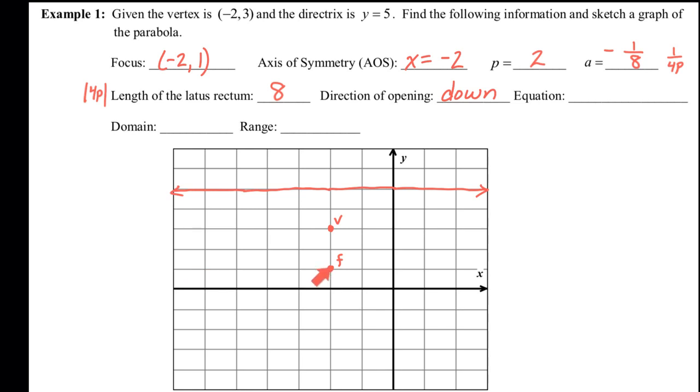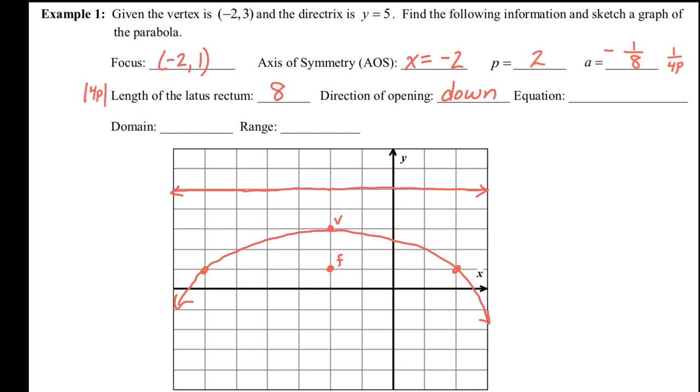Also remember, the distance from the focus to the directrix straight here will equal that same distance to the parabola on each side. So since it is 4 units from here to here, you can go 4 units this way and 4 units this way, and that'll give you 2 points that are on the parabola. And we can sketch what the parabola would look like here.